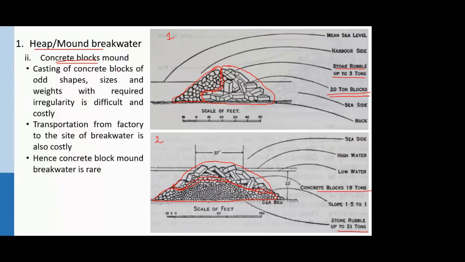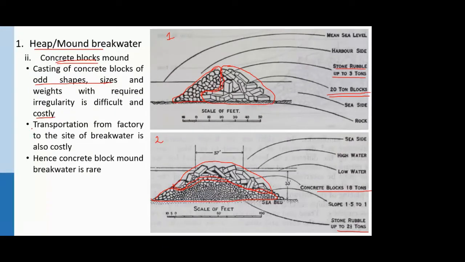And these concrete blocks can also be in odd shapes and sizes, not necessarily rectangular or a cube. But with odd shapes it is difficult to cast them due to the irregularity, and it becomes costly.